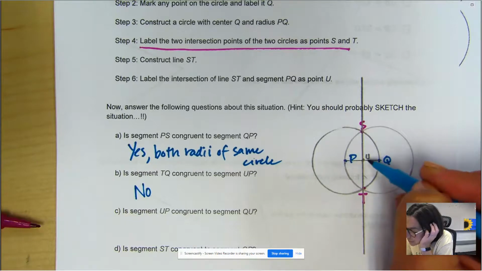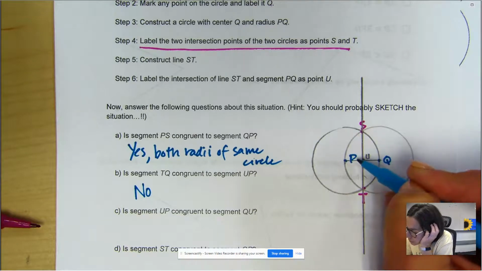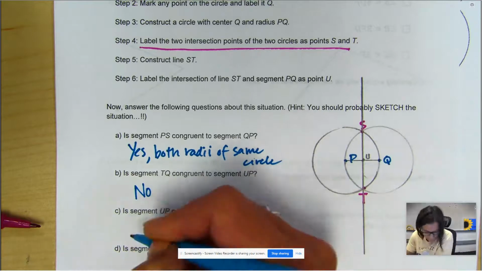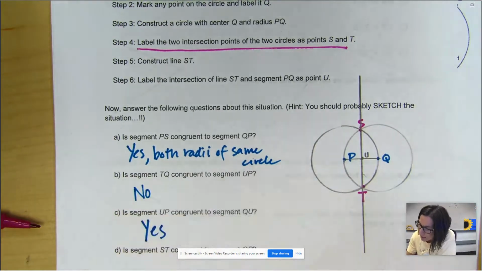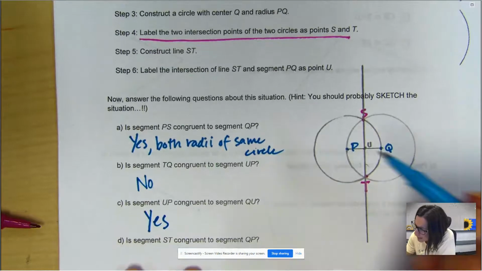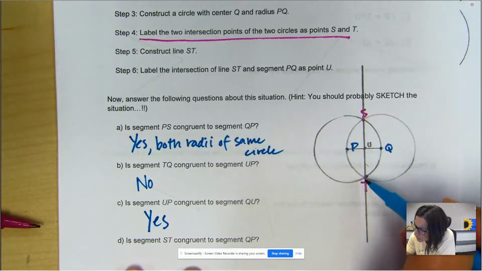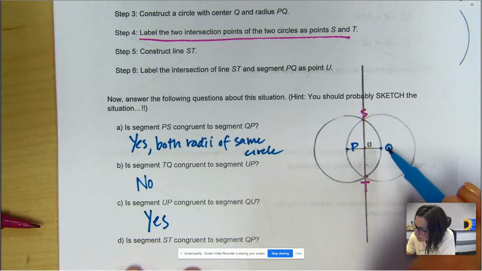Yes, because the perpendicular bisector of a segment makes a midpoint at that segment, and a midpoint makes two equal segments. So yes, U is a midpoint.